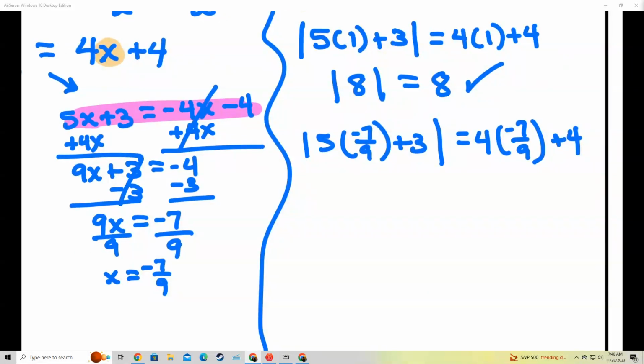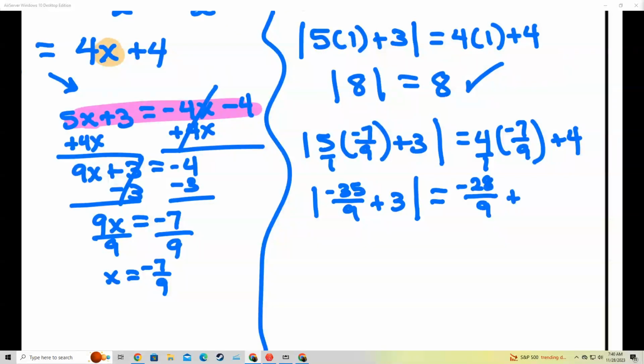All right. Again, fraction work, it just is what it is. We're going to go ahead and put that over 1. I can multiply these. I get negative 35 over 9 plus 3 is equal to, I'm going to make this over 1 so I can multiply them. That gives me negative 28 over 9 plus 4.